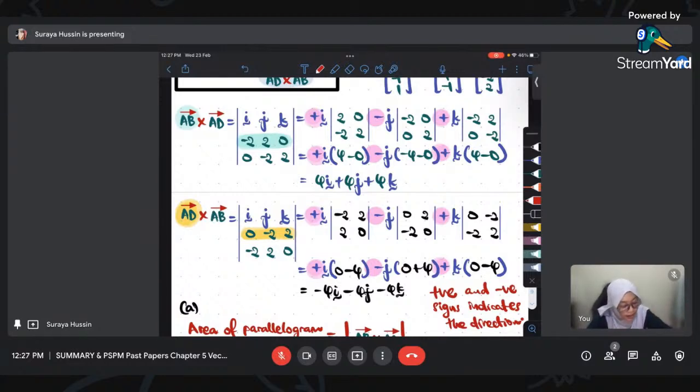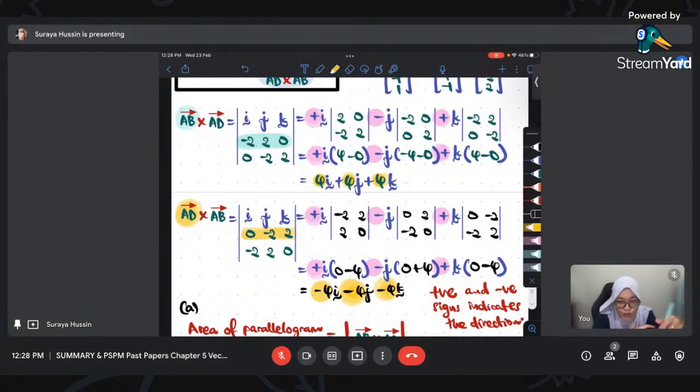Nilai dia sama tak? Nilai dia sama saja. Look at here, 4, 4, 4. Ni pun sama juga. Cumanya dia negative 4, negative 4, negative 4. Tapi 4 dia tetap sama. Meaning the magnitude is the same. Can you digest this?